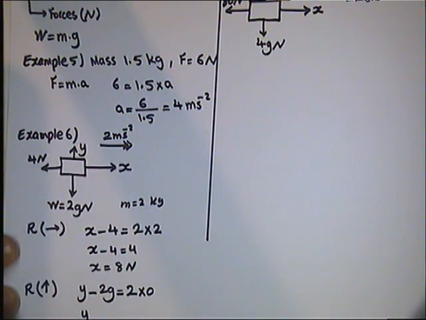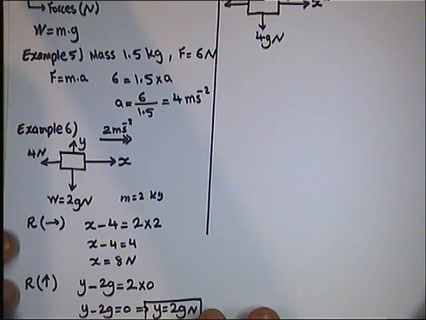Therefore y minus 2g is equal to 0, and as a result y is equal to 2g Newtons. In fact, y must be equal to 2g Newtons because the particle is not moving up or down.